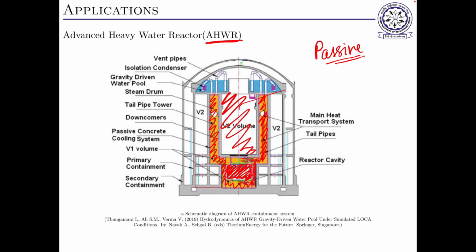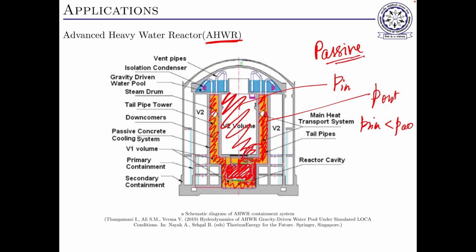Let's say P in is the pressure inside and P out is the pressure outside. P in is lesser than P out. So in case of any failure or leakage, the outer liquid goes inside the core, and the inner liquid will not come out of the core. So it reduces the contamination.